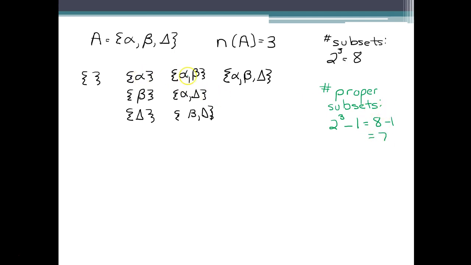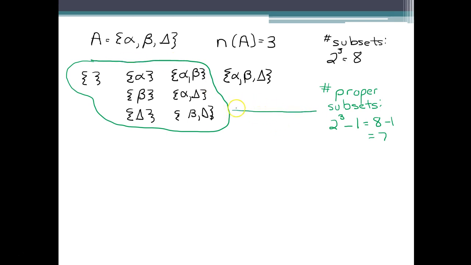And it's that because it's all the subsets except for the one that's equal. So in this case, these 7 here are the proper subsets. A proper subset cannot include the one that has alpha, beta, and delta in it. So 8 subsets, 7 of them are proper.